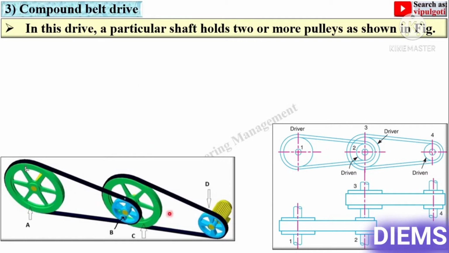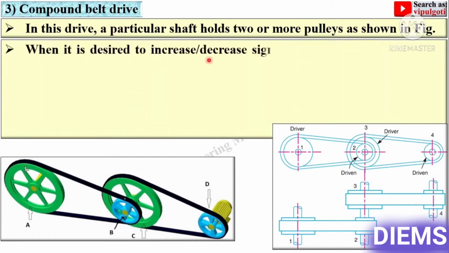So very simple, if any shaft has more than one pulley, then it is called compound belt drive. In this figure, you can see two views of the compound belt drive, and here you can exactly understand that on this shaft there are two pulleys, pulley 2 and pulley 3, and that's why it is called compound belt drive.